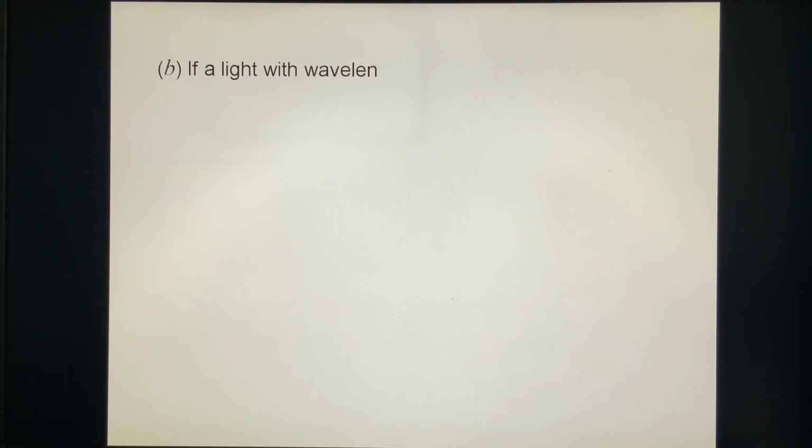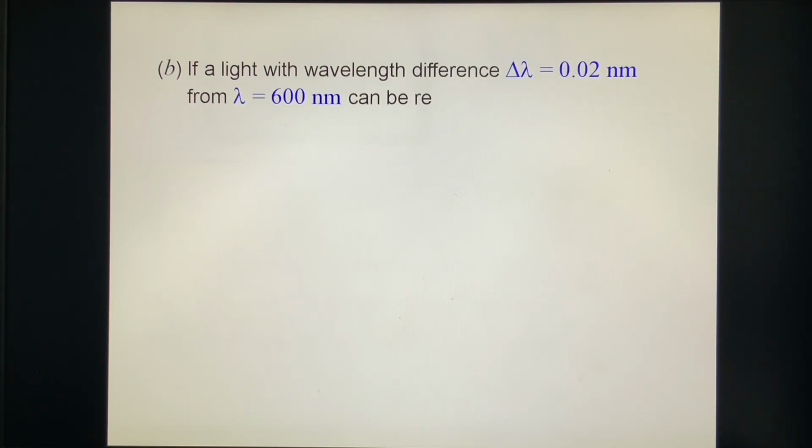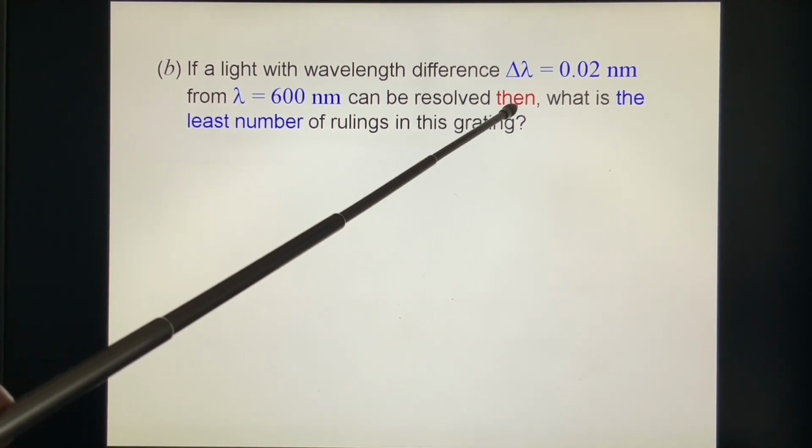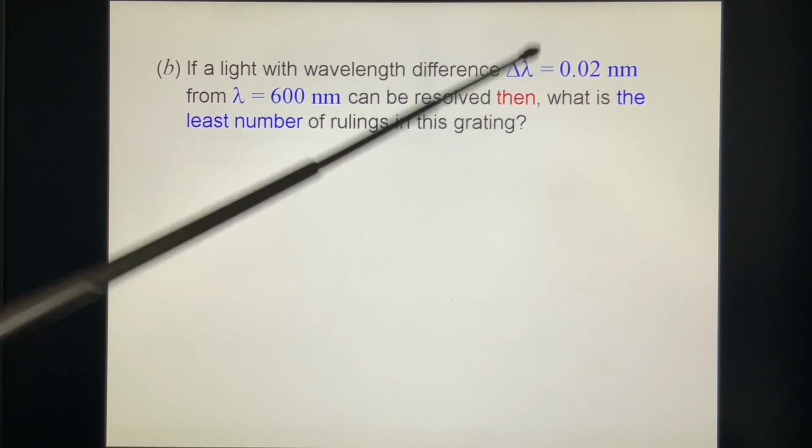Question B: if a light with a wavelength difference delta lambda of 0.02 nanometer from lambda 600 nanometer can be resolved, then what is the least number of rulings in this grating? That means m equals 2, the second order.